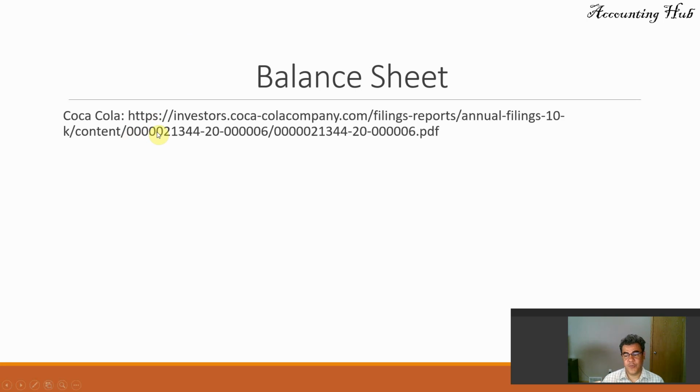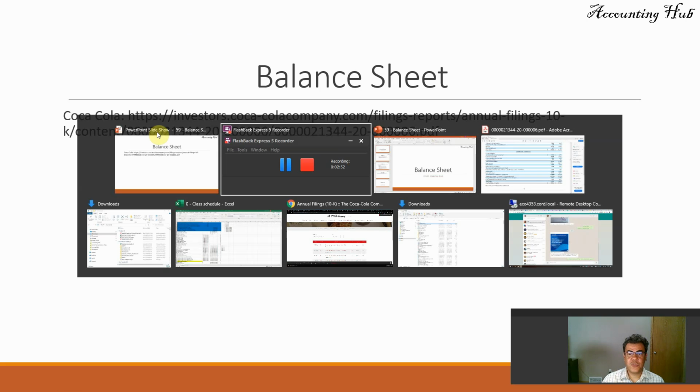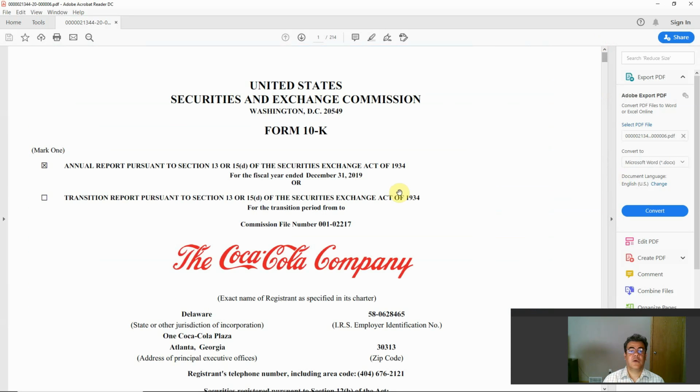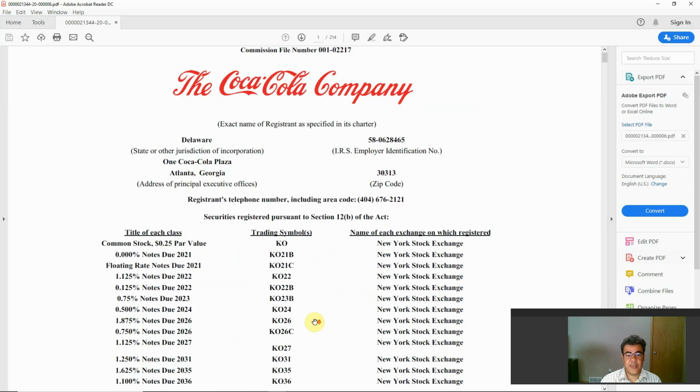The link is over there. Okay, so let's find it. Oh, it is here. It is in a form that we call Form 10-K. So if you want any US-based company's financial statements, just Google the name of the company and then Form 10-K. You will be able to find it.